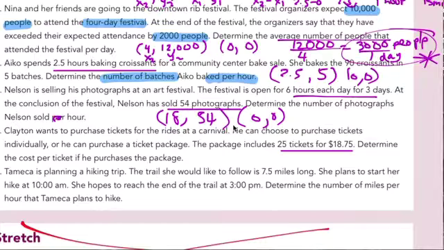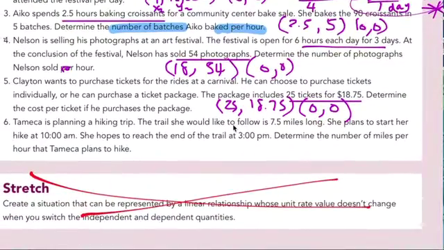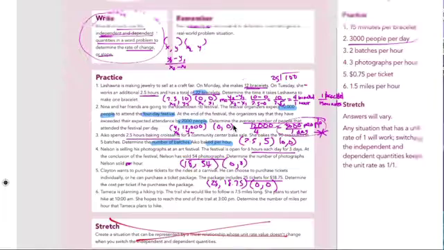You just divide. So it's 25 tickets for $18.75 and then 0 packages, 0 tickets. Divide, multiply, do like the other one. And the answer is right here.